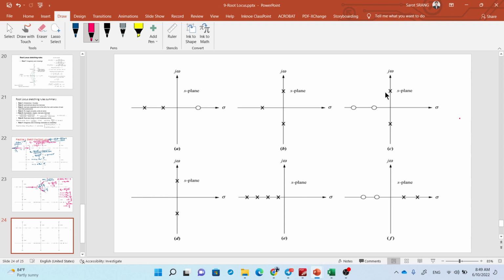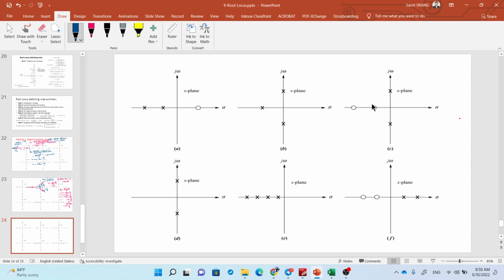How many poles? How many zeros? Two finite poles, two finite zeros. Which means, so how many infinite zeros? Samnan, can you answer how many infinite zeros? Okay, so the transfer function should look like this.